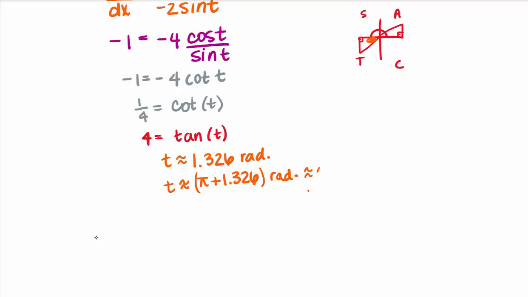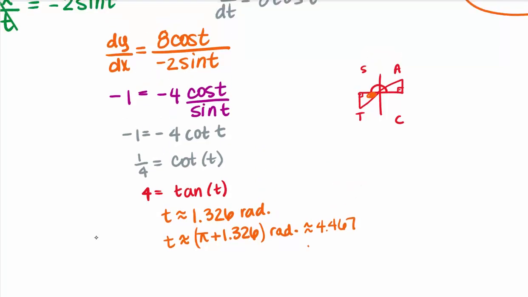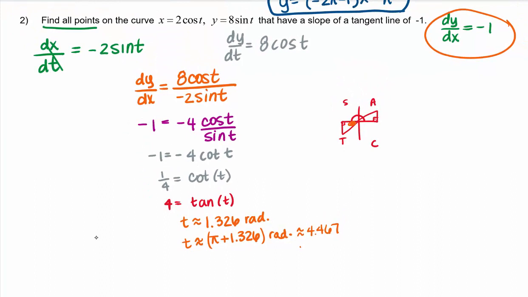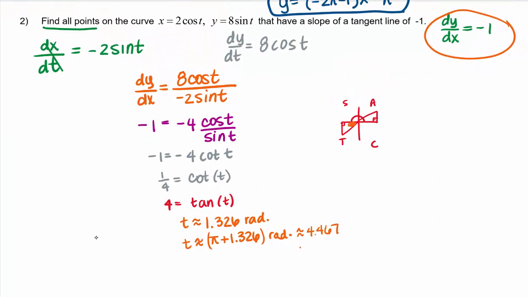Now, if they restricted t, then I would only have to find the ones within a certain window. Because this technically has an infinite amount of answers, sometimes they'll say t is between 0 and pi, for example, or 0 and 2 pi, because they don't want you to keep going around the unit circle again and again.